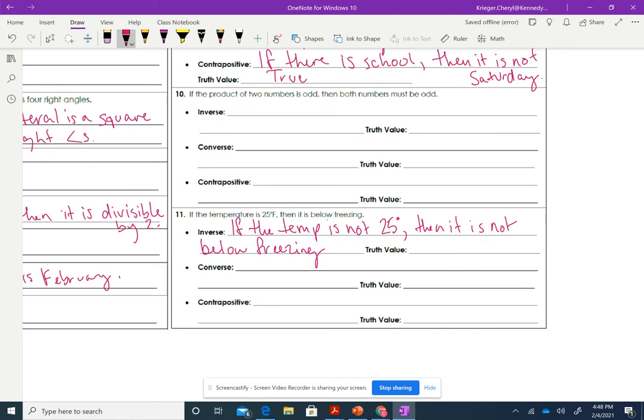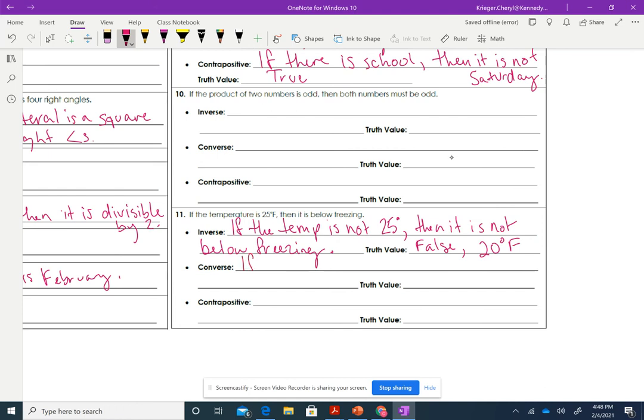What do you think? I'm going to say that one is false. And why? 20 degrees is below freezing.